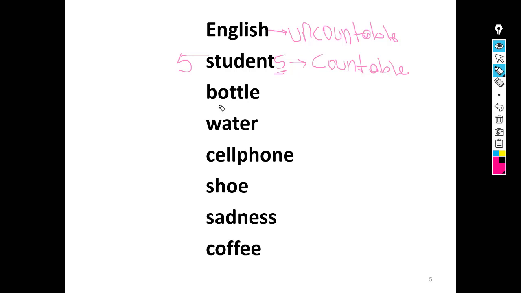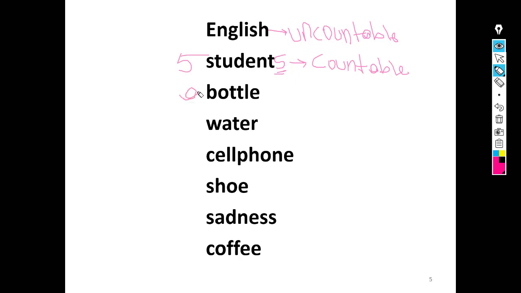Okay, look at the next one. Bottle. For example, in my bag. Is it a countable or uncountable noun? Let's look. I have got a bag, and in my bag there is a bottle. Can I say a bottle? Of course. I have got a bottle.